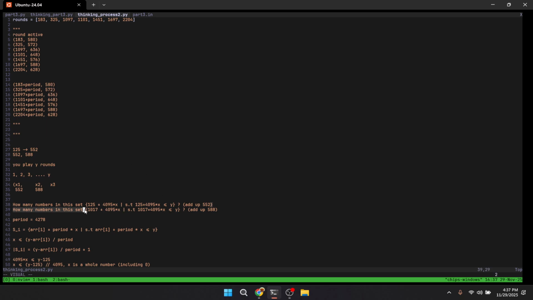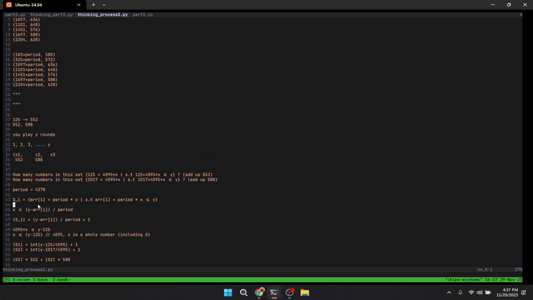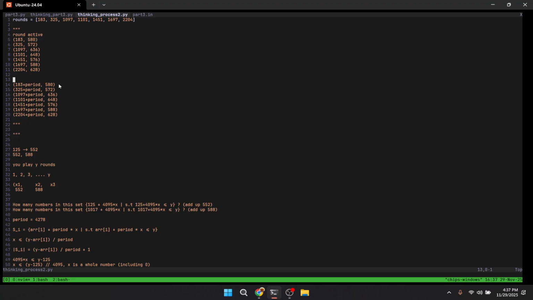So you construct these sets, which just means how many numbers that start with, for example, 183 plus period times x are less than or equal to y. You just count the size of this set, because that represents how many times this particular pattern gets hit. If we take i to be 1 instead of 0, it means how many times this one gets hit.